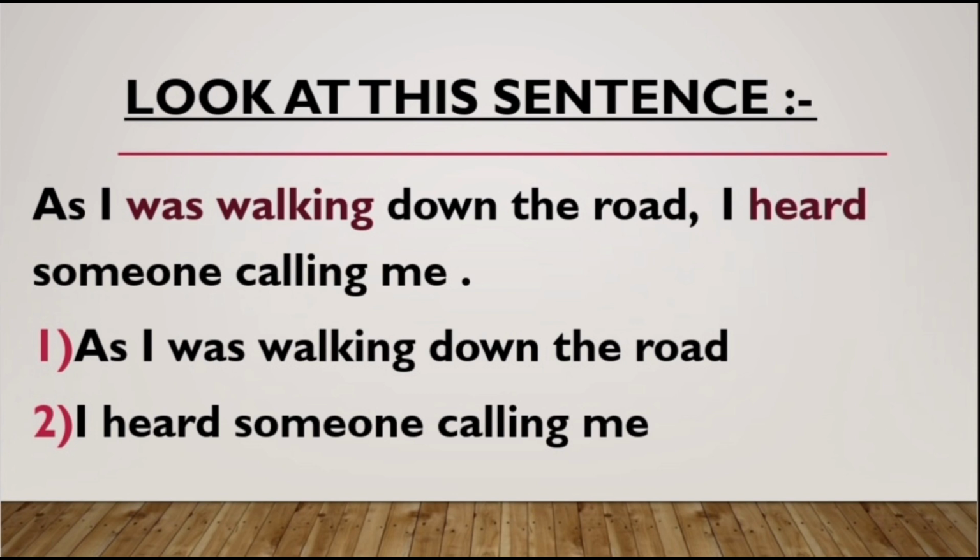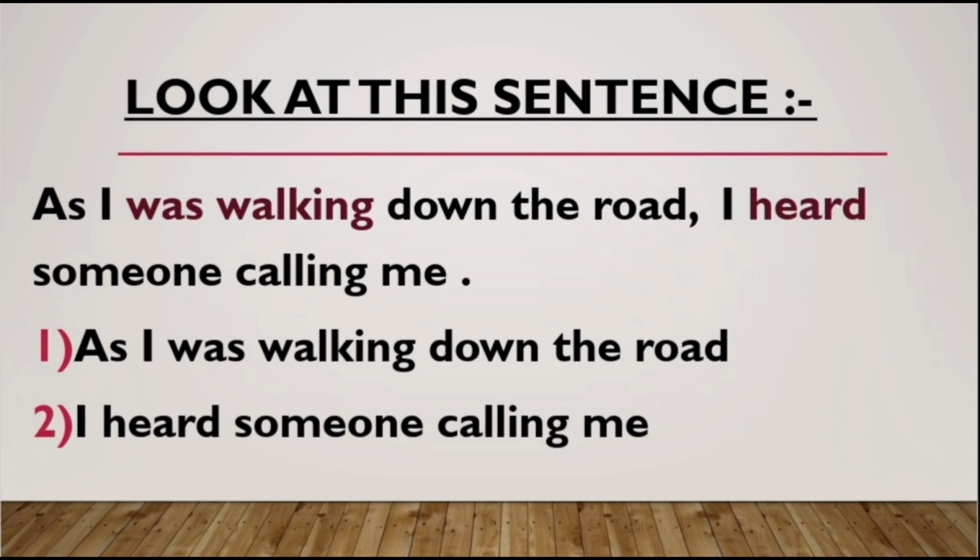It's clear, it's concise, right? So the first clause is a dependent clause or a subordinate clause because it depends upon the second clause, that is the principal clause, to complete its meaning.